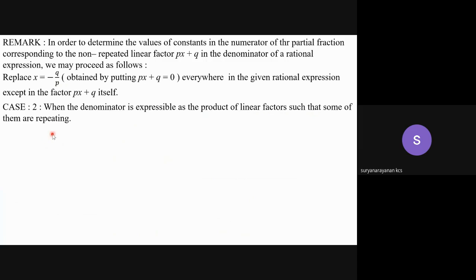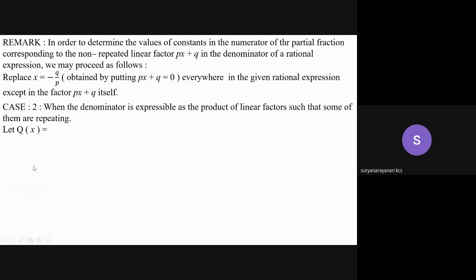In the previous case, case 1, the denominator contained only linear factors which are distinct, different from the others. But here in case 2, some linear factors will be repeated. Let us see how the linear factors are repeated.